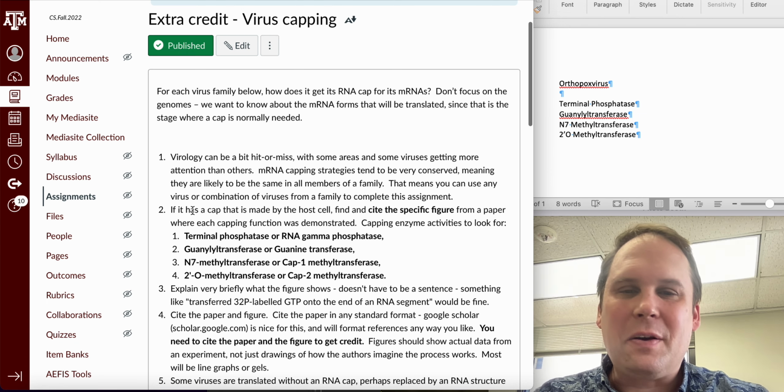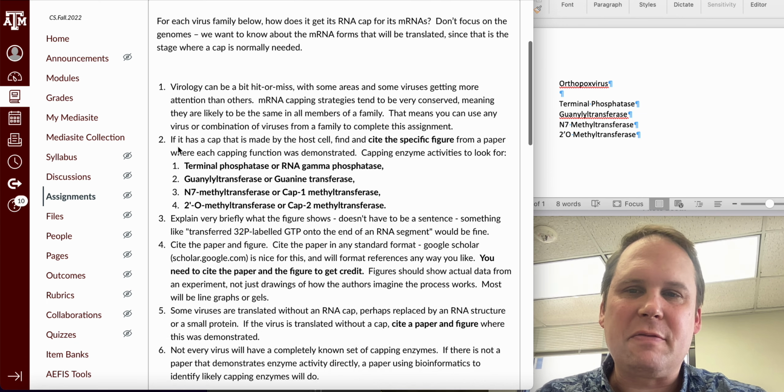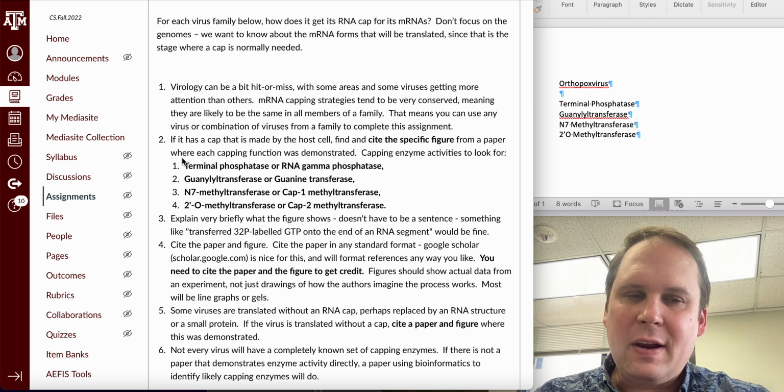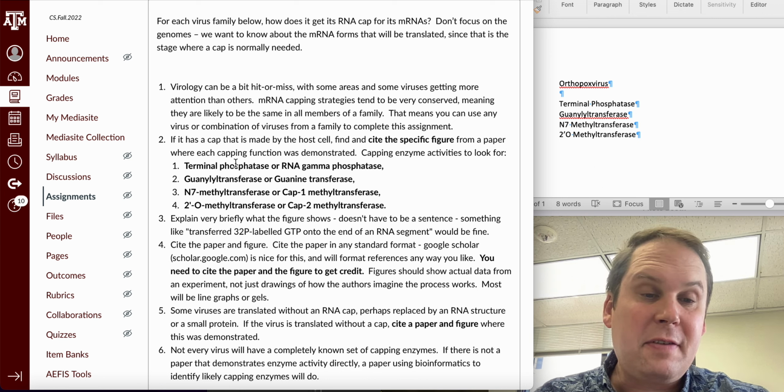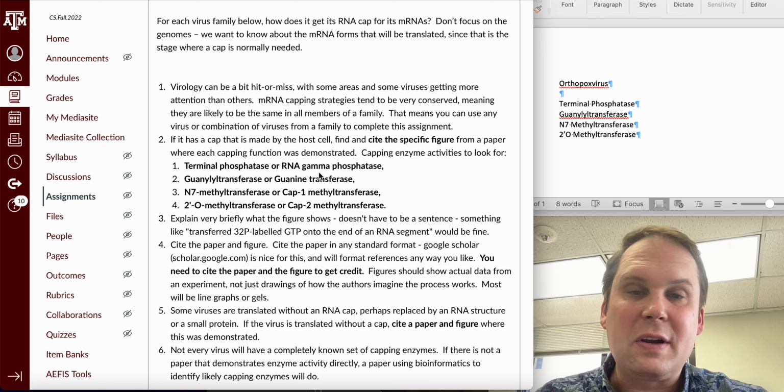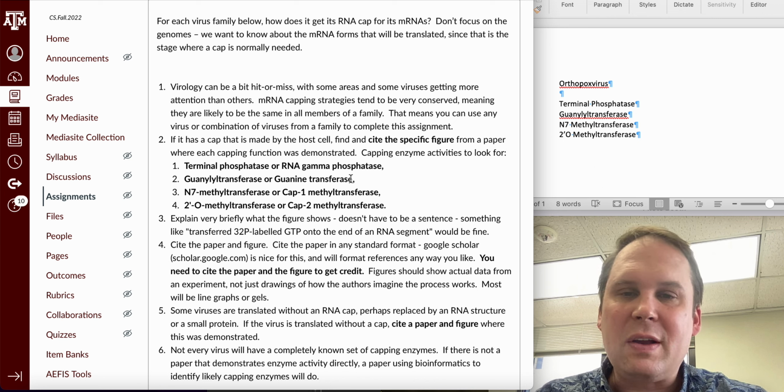All right, so here's what you're looking for. There are 4 enzyme activities involved in making a cap. There's taking off phosphates, which we call terminal phosphatase or gamma phosphatase from RNA. There is transferring a guanine, so it's a guanylyl transferase.